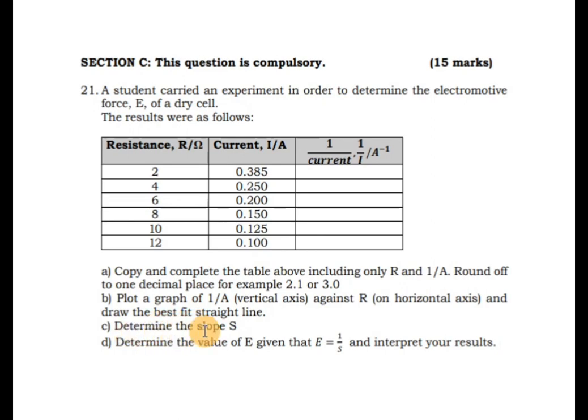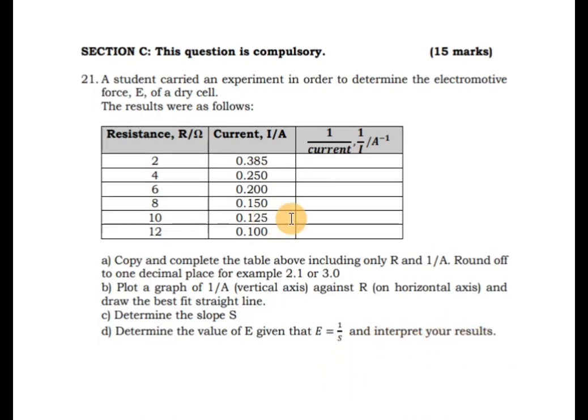C. Determine the slope S. How to determine the slope? And number D, which is last: determine the value of E, given that E is going to be 1 divided by S. Remember that S is the slope. Interpret your result.